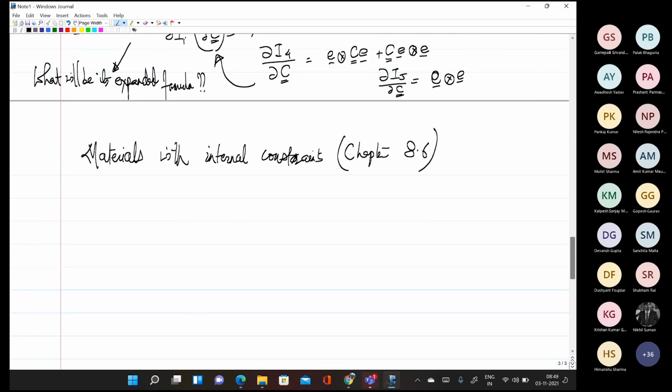So what are the different kinds of constraints that are possible? You can have a constraint, for example, that as a material undergoes motion, it remains rigid. It's a rigid body motion. That is one constraint. Or it could be that as the material undergoes motion, it remains incompressible. So incompressible motion.